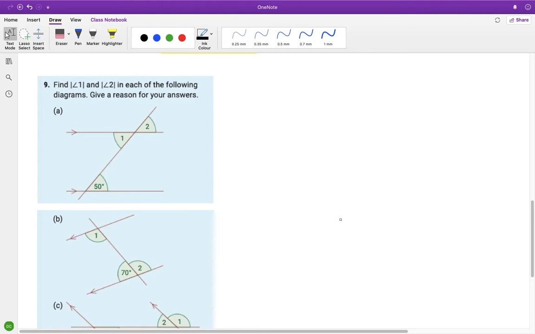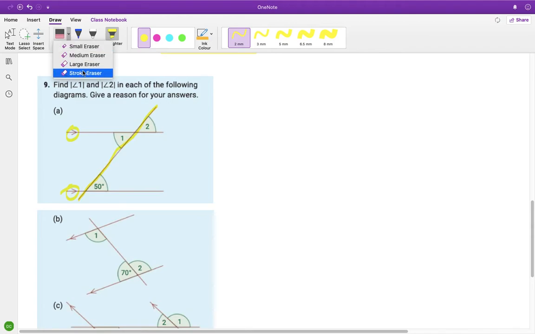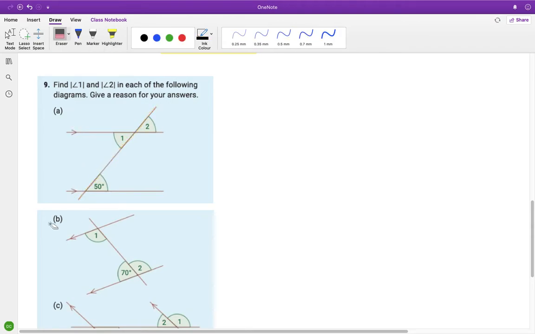So you can see, pen's upside down, you can see that these lines are parallel and we have a transversal. Parallel lines and a transversal, we should be looking for alternate angles. So let's see if we can find a Z. Go a little bit thicker.